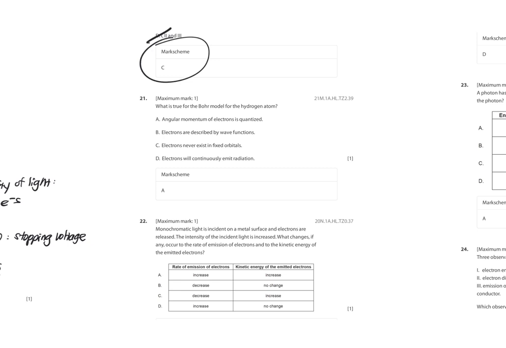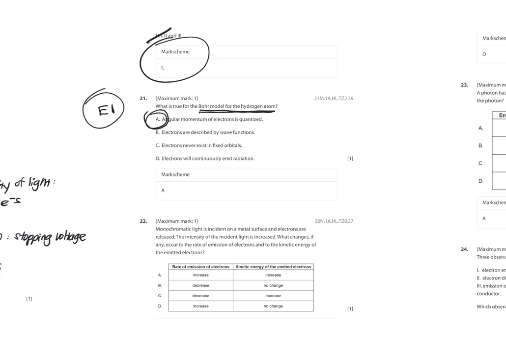Now, number 21, this is more of an E1, not an E2 thing, talking about the Bohr model. There's a couple of things here that I don't love about this question. It's specifically talking about the Bohr model for hydrogen. So remember that for the Bohr model, angular momentum of electrons is quantized. That is absolutely true.